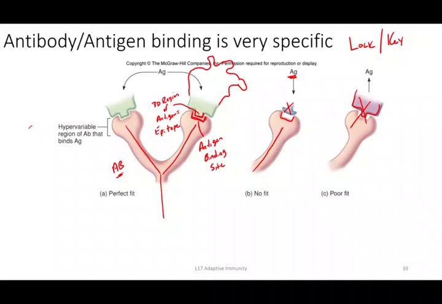And so not only does it fit, but it'll activate the lock, so to speak, and you're going to get a response here. So we're going to talk about those responses in a little bit. But these two, you wouldn't get any response, at least from this one antibody. This antibody would do nothing for this antigen. This antibody would do nothing for that antigen.